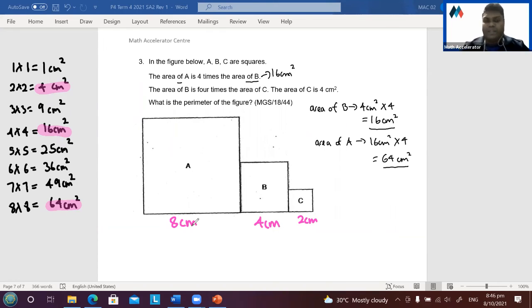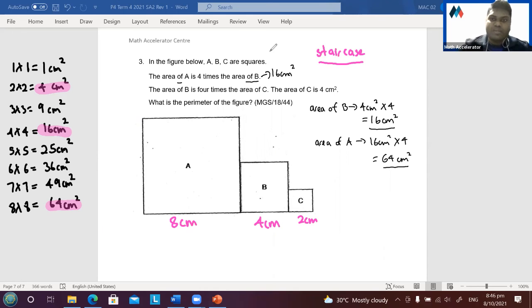Okay, so this question, at the side here, please write down, is what we like to call the staircase. When you see a staircase like this, you know that there is definitely a shortcut to follow. And I'll teach you the shortcut here.